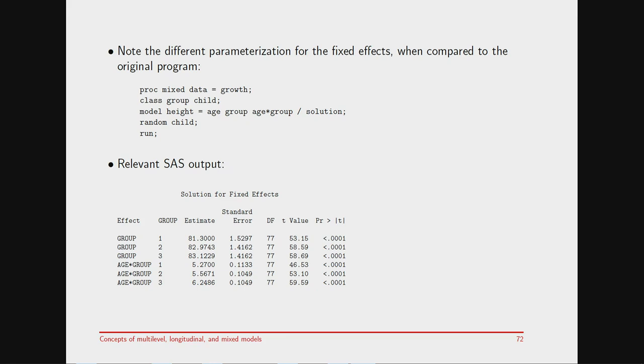So what you're testing here now is whether the 3 slopes not only are equal to each other, but also are equal to 0, which obviously makes no sense, because you can see that these children are growing, and we're not interested in testing that. You don't want to test whether there's any growth at all in these groups. You want to test whether the growth is the same for the 3 different groups.